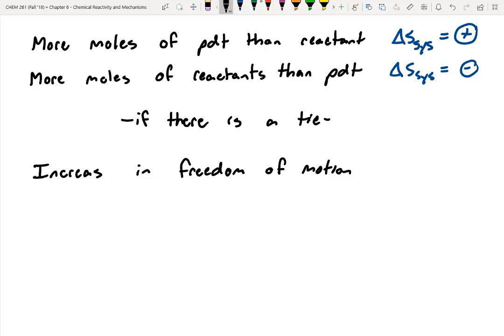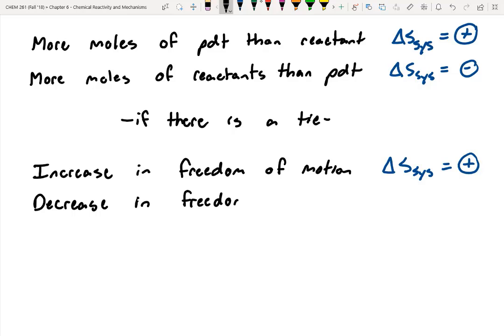That means delta S of your system is going to be positive. And I'll show you an example of this. Oop, I forgot my E. But let's do this other one first. If you've got a decrease in freedom of motion, delta S of your system must be negative.